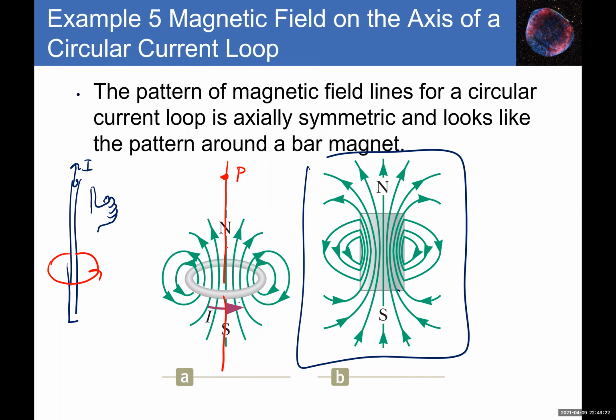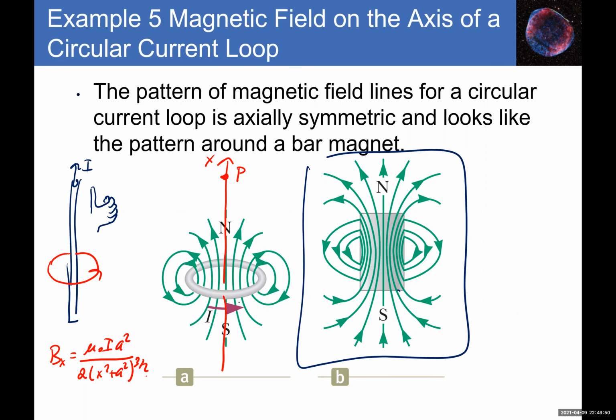Imagine that this is the x-axis, the z-axis, for example. Then the magnetic field is mu naught I times a squared over 2 times (x squared plus a squared) to the 3/2. That will be the magnetic field at that point.